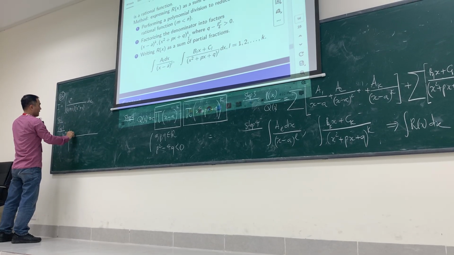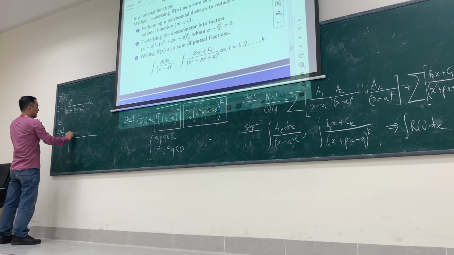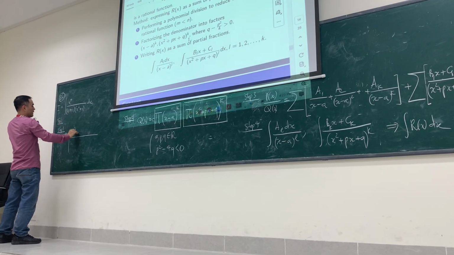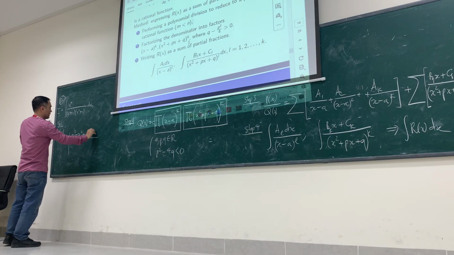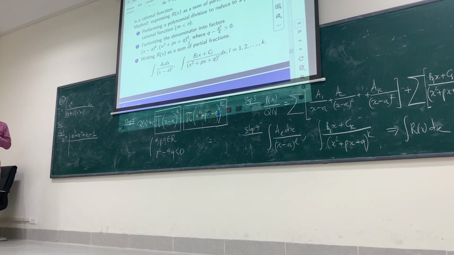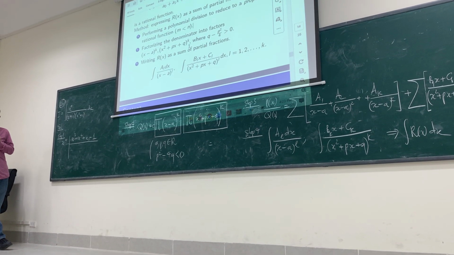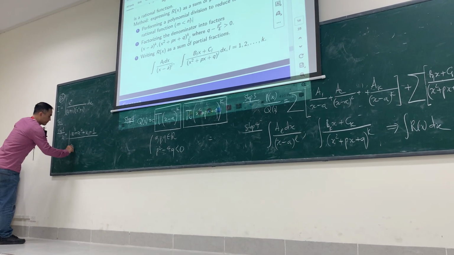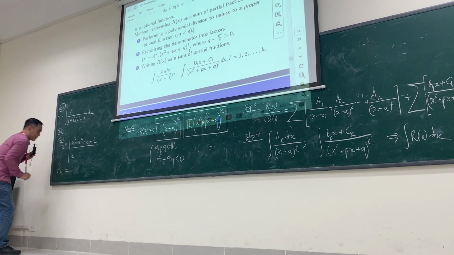Divide x to the power 4 by x minus 1 times x cubed minus x squared plus x minus 1. We need to divide and find the remainder equal to x.